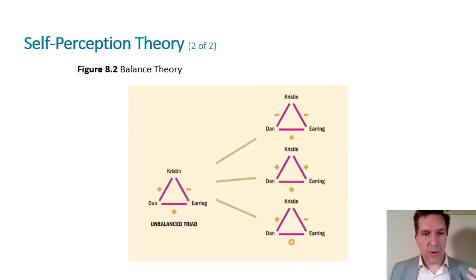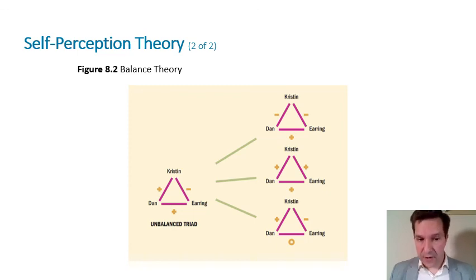Okay, so balance theory essentially tells you that if you're in a situation where you have at least three aspects that are in some sort of incongruent balance, you're going to have to change the balance such that that incongruency disappears.